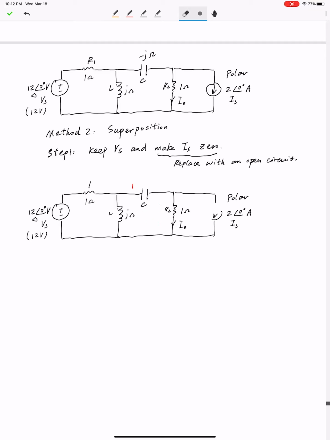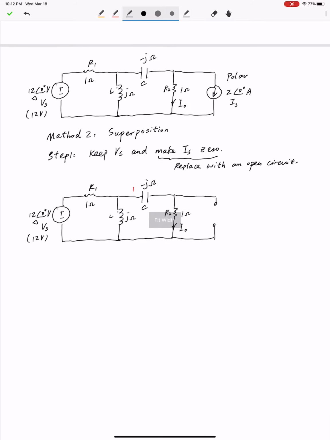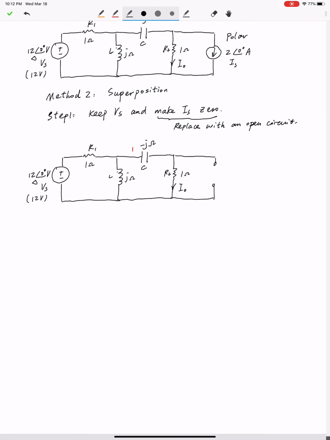Okay, and the current source is removed and replaced with an open circuit, so there's nothing connected to these two broken, disconnected points. Right. All right. After that, we name the current flowing through R2 as I naught prime to distinguish it from the original I naught. Right.